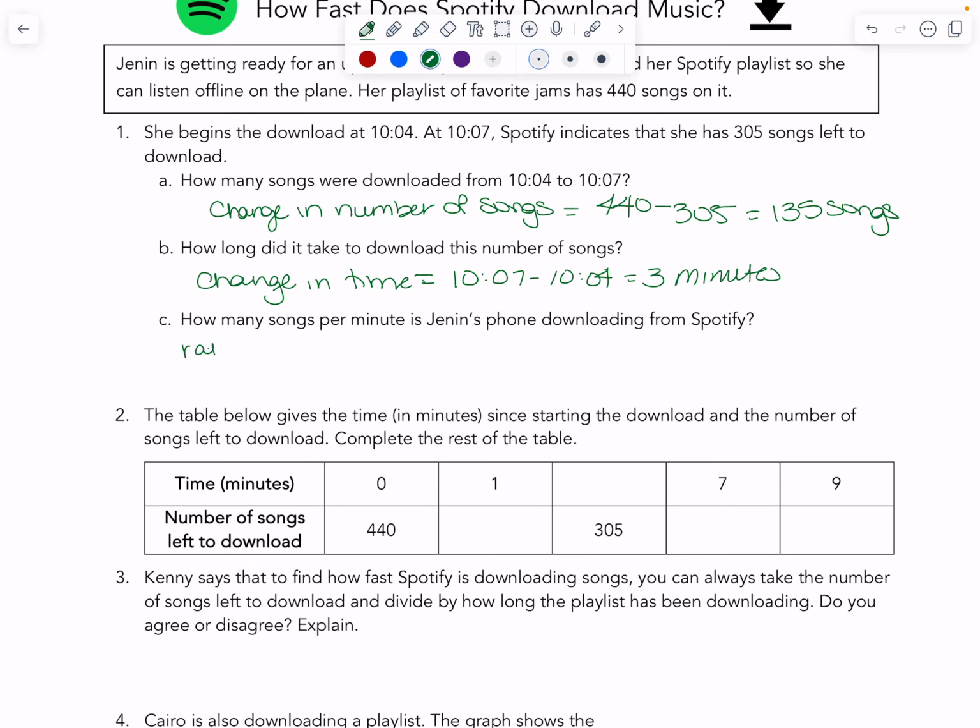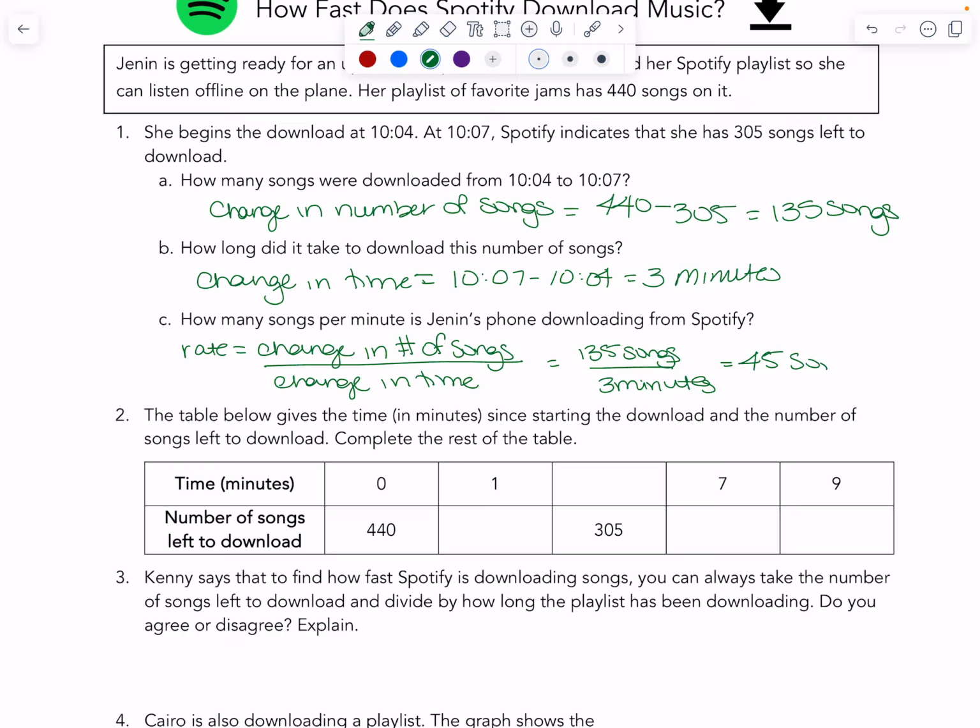So the rate is equal to the change in the number of songs divided by the change in time. So that is 135 songs per 3 minutes, which is equal to 45 songs per minute.